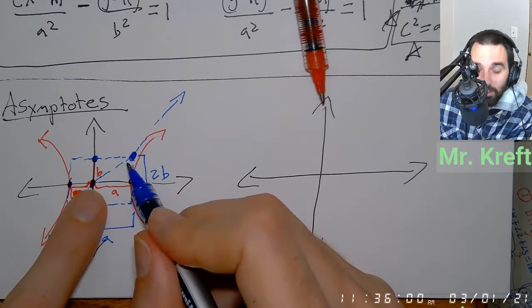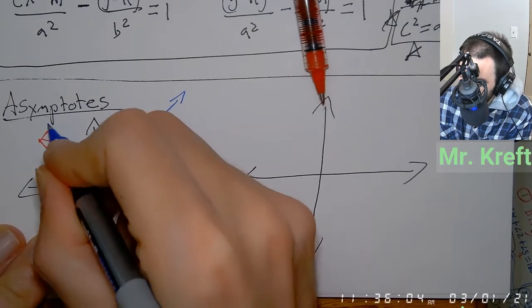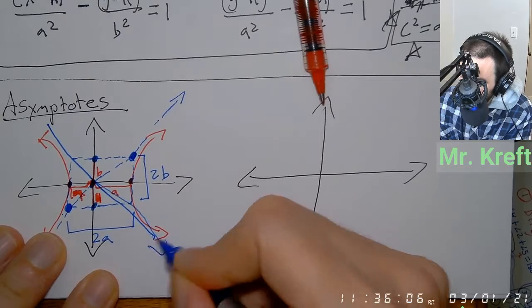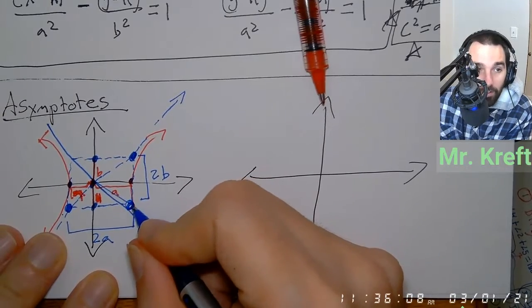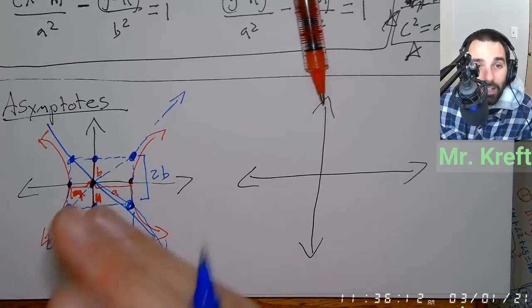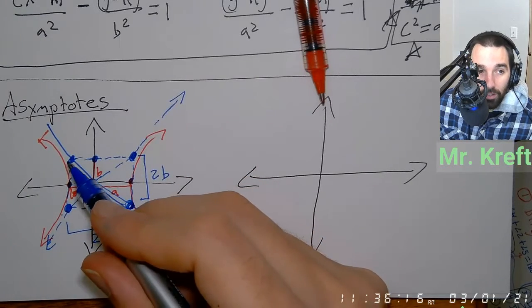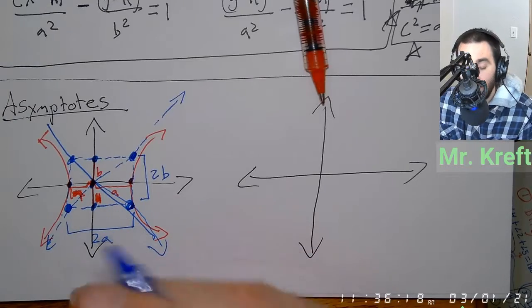So you can use these two or these two. And then it's the same going this way. I can either use this point and this point or this point, right? So we're going to have 2 asymptotes. You can use the center and one of these other points.